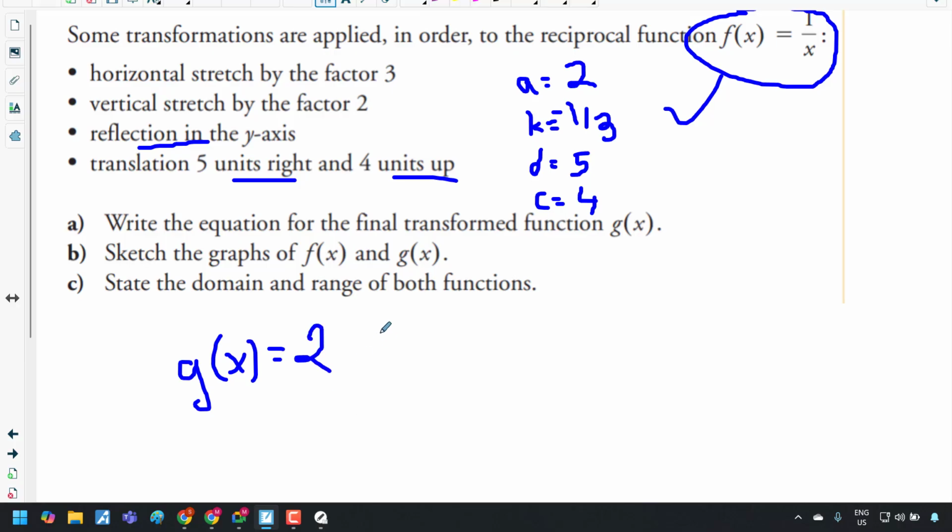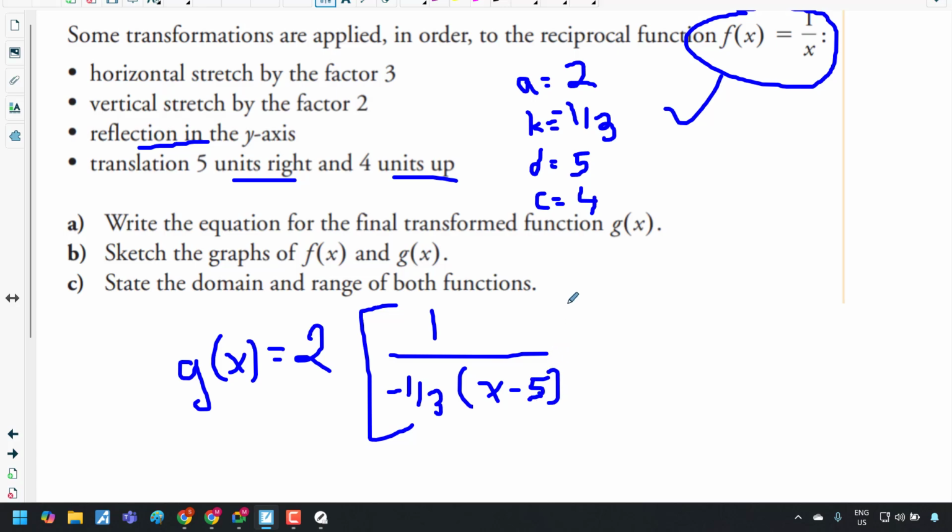It's going to be 2, 1 giant bracket, and we're going to have 1 over, and k is being multiplied with x. So 1 over 3 x, and x is also being added to with d or subtracted. So in this case, it's going to be x minus 5, close bracket, and then plus 4 at the very end.